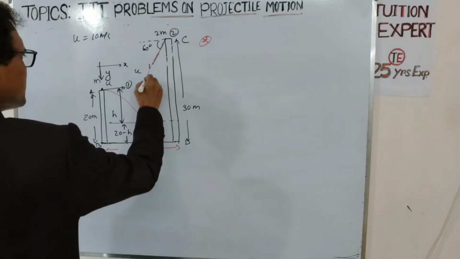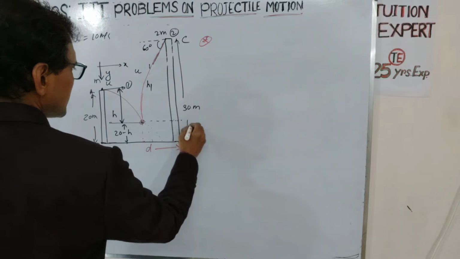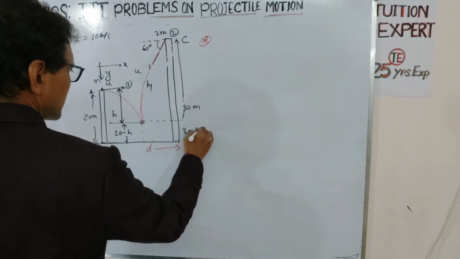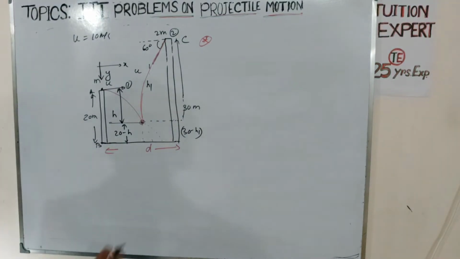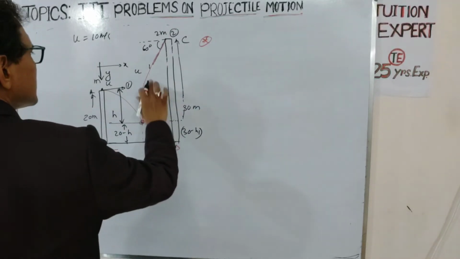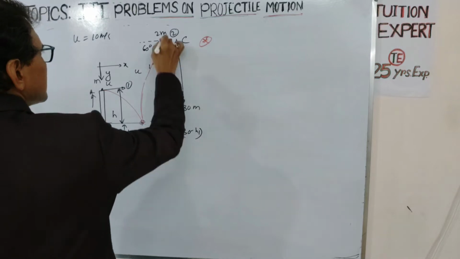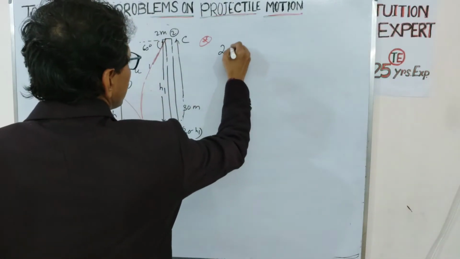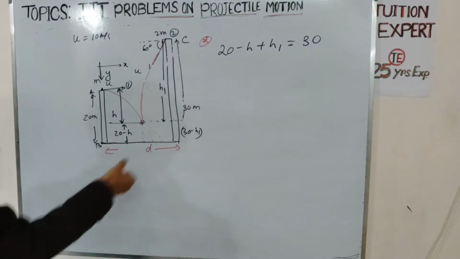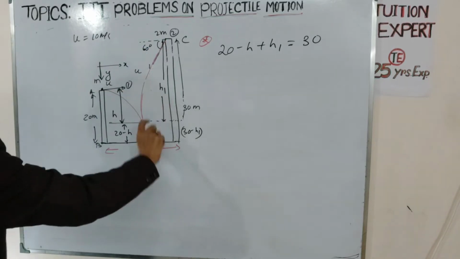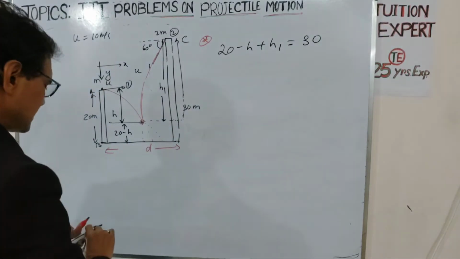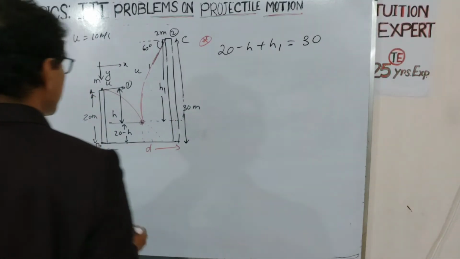And if this is h1, then this will be 30 minus h1. This height is h1. So we have 20 minus h plus h1 equal to 30, because this is 20 minus h and this is h1, so this plus this will be 30. Total height is 30 here.